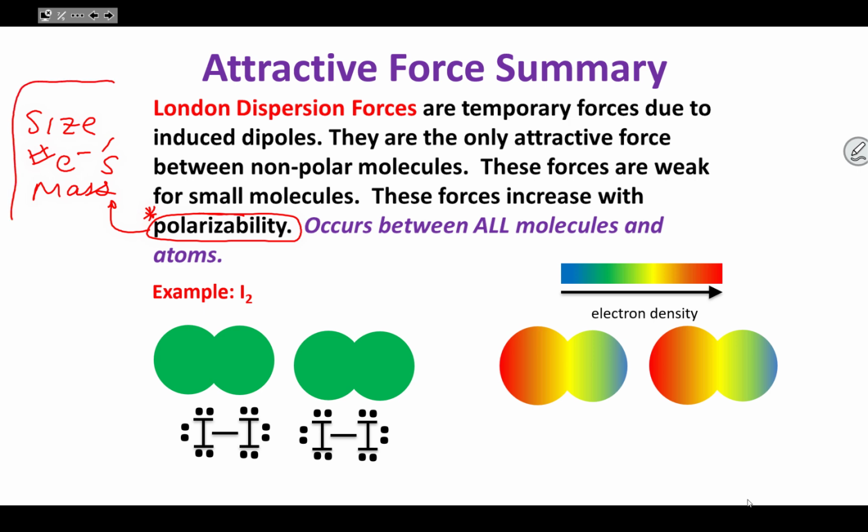You can compare the size of molecules, which for large sizes you're going to have a lot of electrons and a high molecular weight. So really large molecules can actually have large London dispersion forces due to their size or mass and the number of electrons because polarizability is greater.